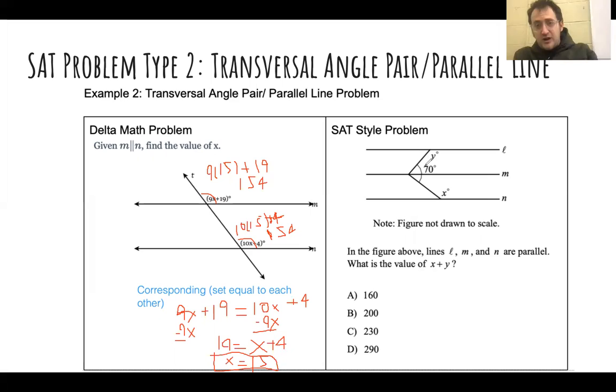All right, with this SAT problem, one thing you do need to be careful about here, it gives you that in the figure above, lines L, M, and N are parallel, and this whole angle is 70. So this means that this angle is 35, and the bisected angle right below it is also 35. And I notice here that I have same side interior angles.